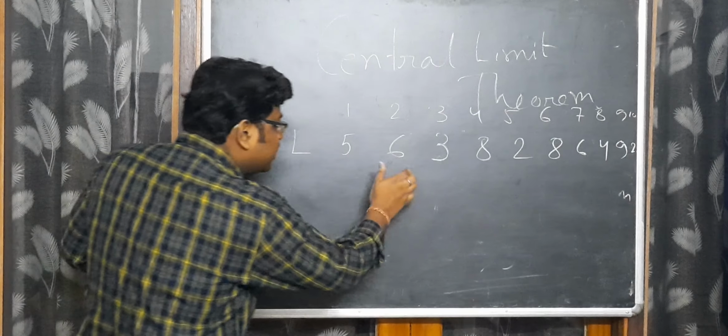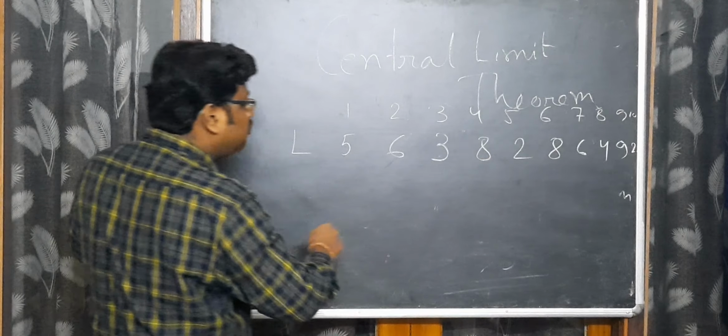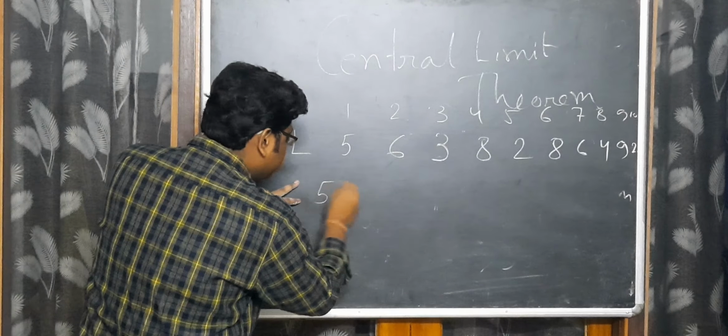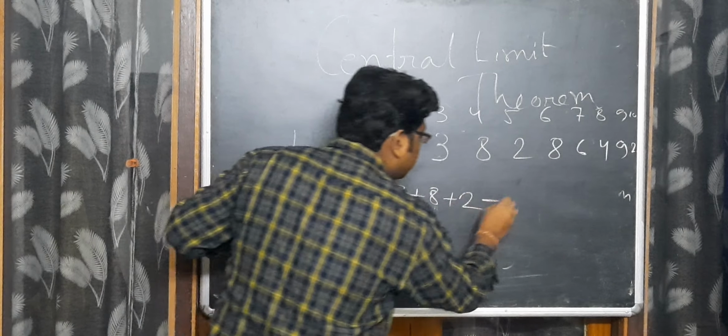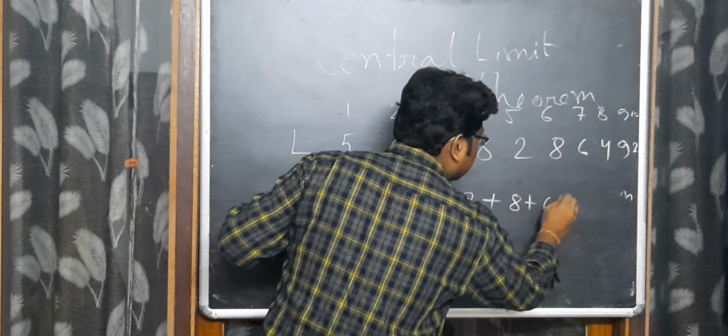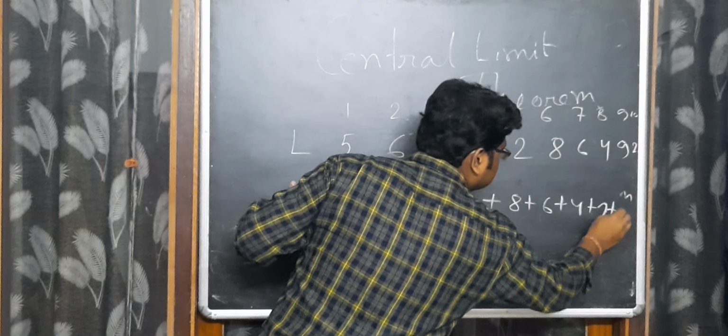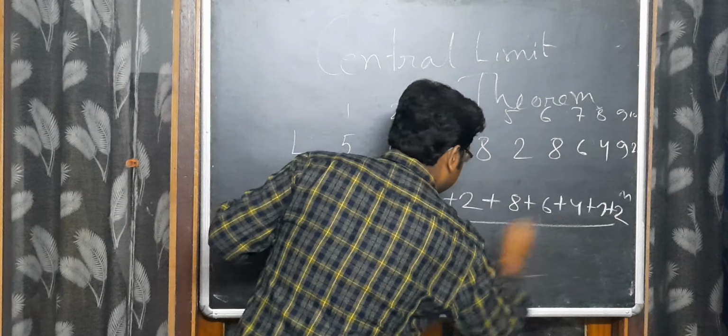Now the true mean, that is the mean of the population, is 5 plus 6 plus 3 plus 8 plus 2 plus 8 plus 6 plus 4 plus 9 plus 2 divided by 10.